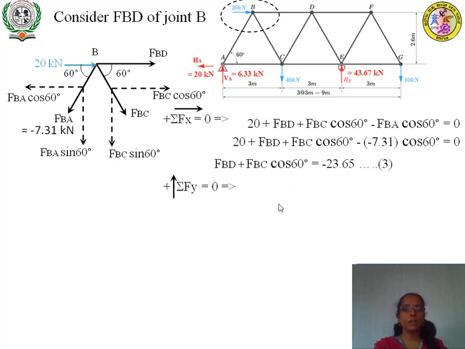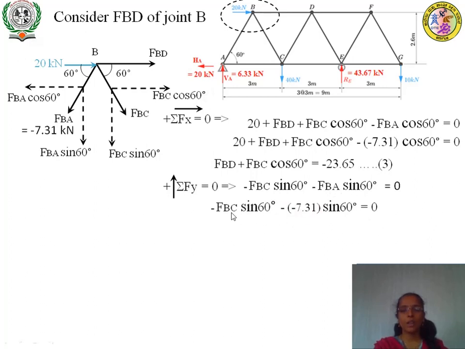So that implies minus FBC sin 60, downwards, therefore minus, and minus FBA sin 60, both are in the downward direction, that is equal to 0. Okay, so we know the value of FBA. Let us substitute it. Minus FBC sin 60 minus of minus 7.31 sin 60.